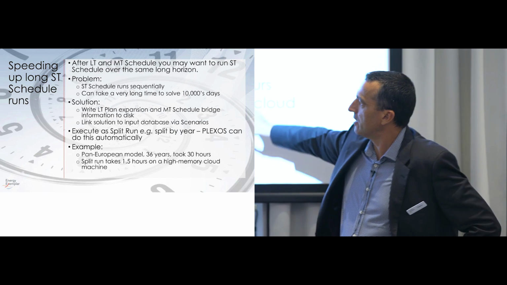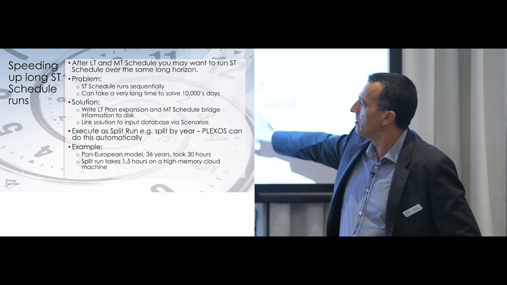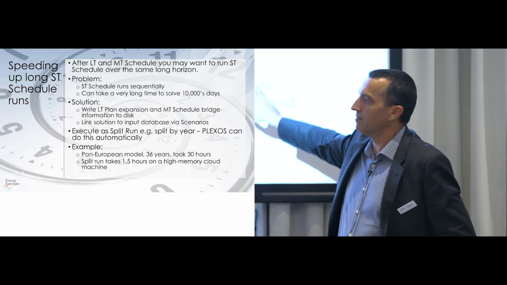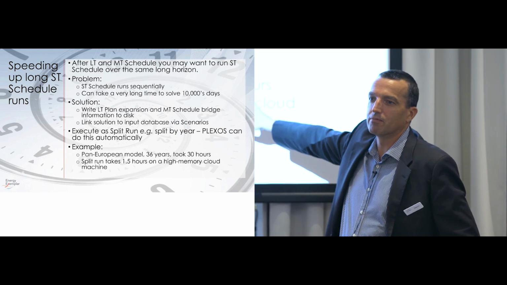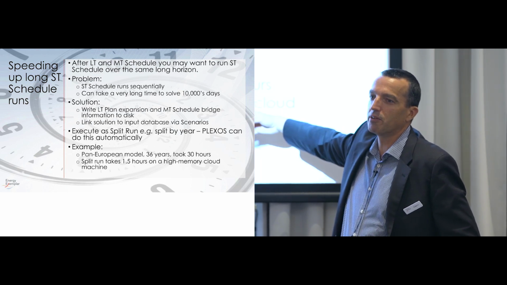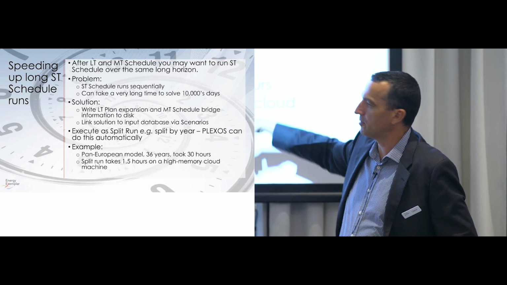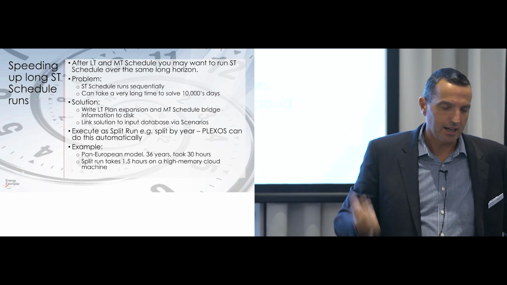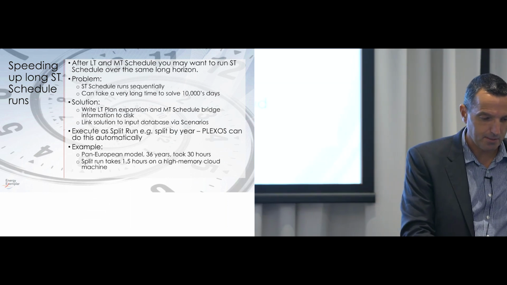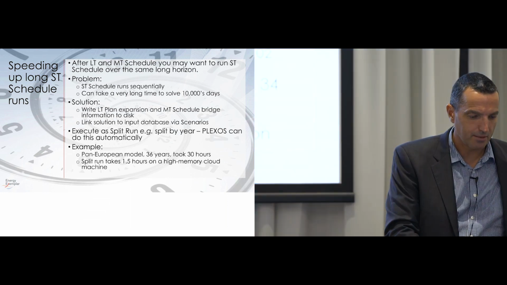So I guess the point here is, you don't have to put up with ridiculously long ST run times. Look at parallelizing it. Look at splitting it by using our split run option, and certainly ask for some help on this, because we can always speed things up through parallel runs.